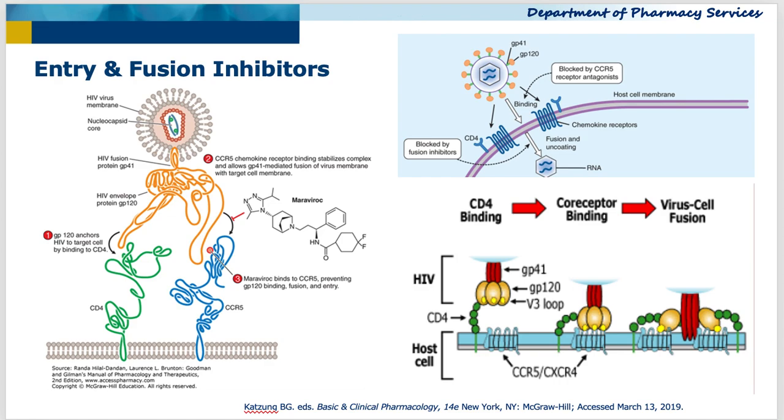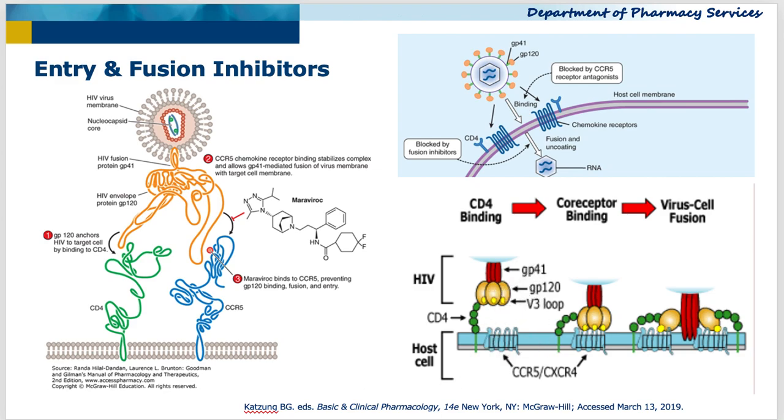Okay, moving on from Maraviroc, our entry inhibitor. Next we have our fusion inhibitor. The mechanism of action of this medication is it binds to the GP41 here. That's a glycoprotein located on the HIV envelope, a subunit of the viral envelope.